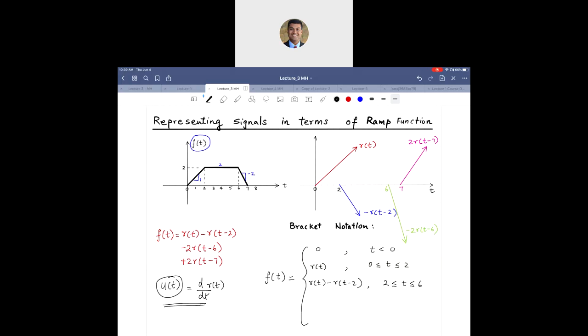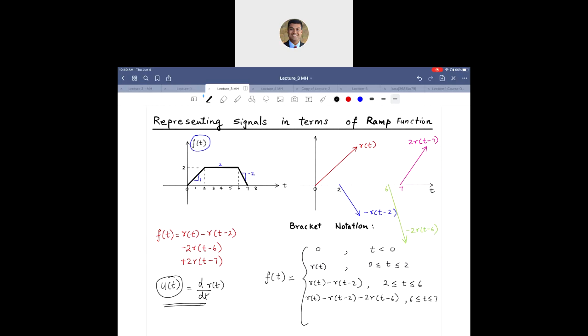Then I have R of t minus R of t minus 2, and I would also need to do minus 2 R of t minus 6. That's between 6 and 7.